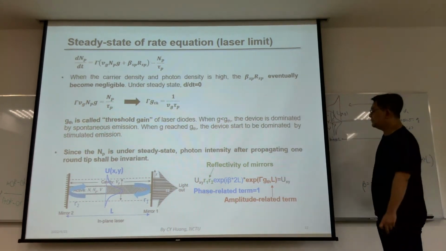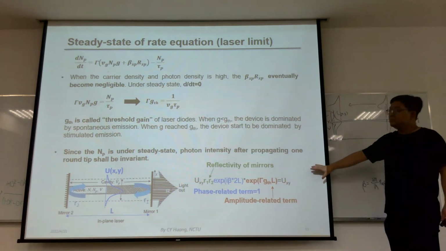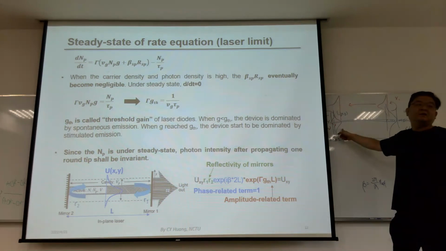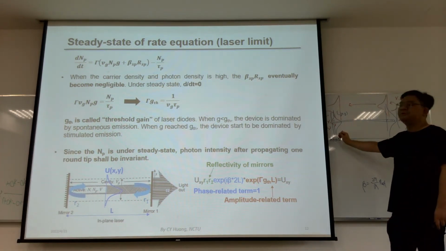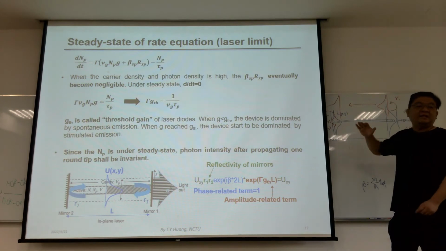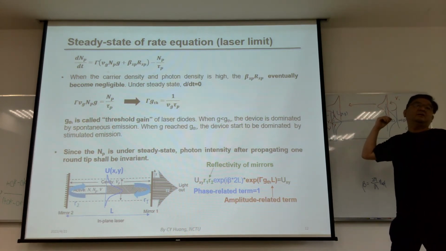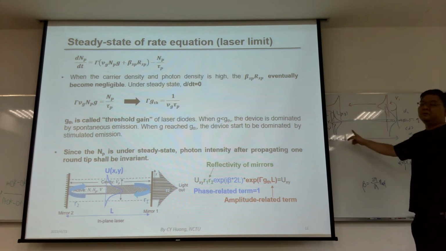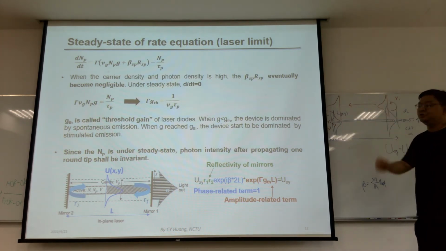And after one round trip, because it is steady state, it should be equal to its original intensity. If it is not, the electric field here is gaining intensity, then it is not a steady state. Steady state means it doesn't change with time. So the same optical profile going one round should return to its original intensity.